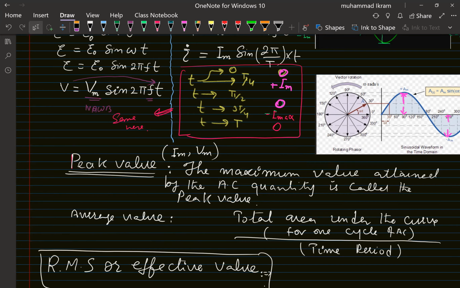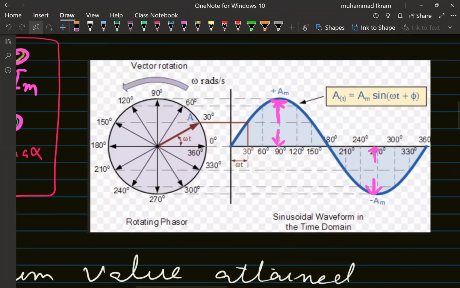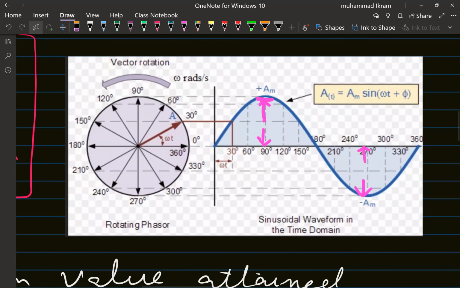So see here, we use an ammeter for measuring the value of alternating current or voltage present in the circuit.